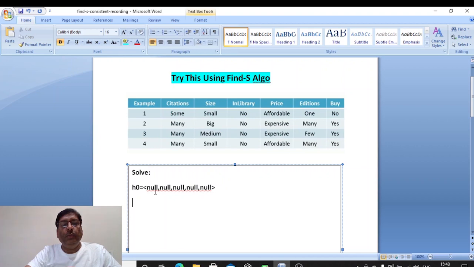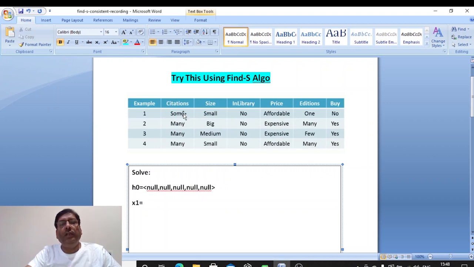Now I'm going to match these values with the first training example. The values in the first training example are some, small, no, affordable, and 1. When we compare the values in the hypothesis with the values in the example, when the values are matching, we are supposed to do nothing.